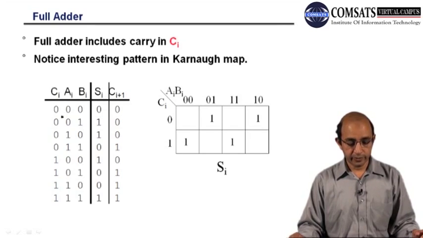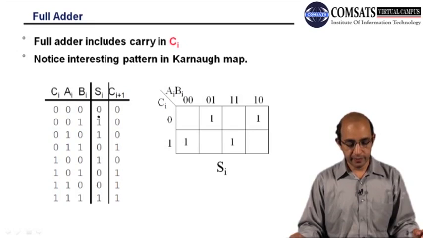So 0 0 0 gives 0 sum and 0 carry, 0 0 1 gives 1 sum and 0 carry, and here we have 0 1 0, so we have 1 sum and 0 carry. And then if you look here, we have 1 sum and 1 carry. So what I will be doing next is plotting this onto the K-map in order to have simplification.